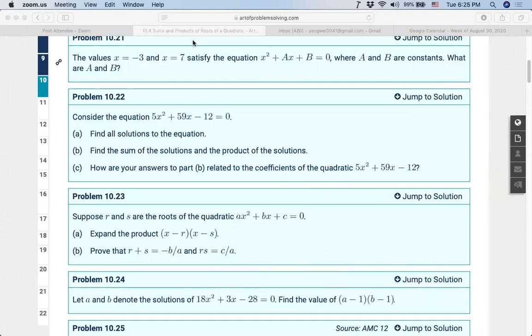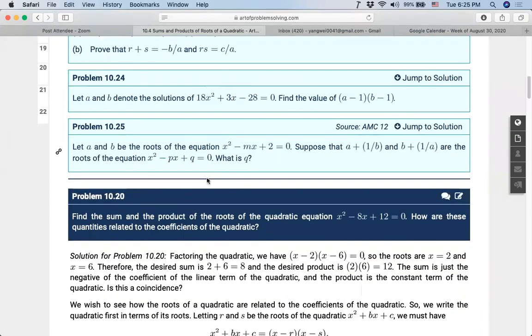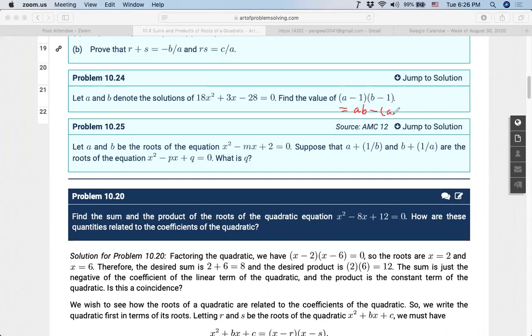Now let's see the next problem, 10.24. Here they give you that a and b denote the solutions of this quadratic equation, and ask you to find this one. To find this, you just expand it. You get a times b, minus (a plus b), plus 1. Here, we don't need to solve this equation.